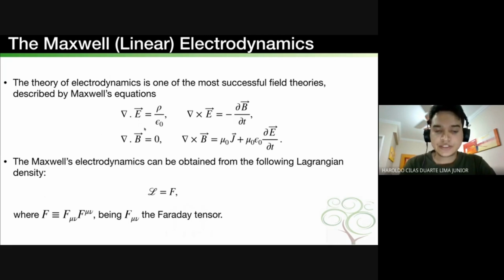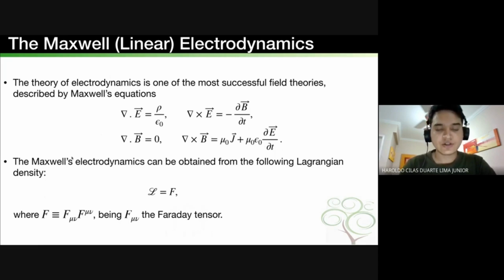The second equation is the Gauss law for the magnetic field, also known as the law for the absence of magnetic monopoles. This law here is the so-called Faraday induction law, which tells us how a varying magnetic field induces an electric field. This last equation here is the so-called Ampere's law, with Maxwell's displacement current.